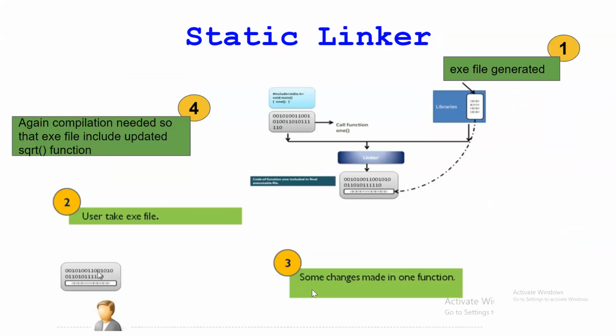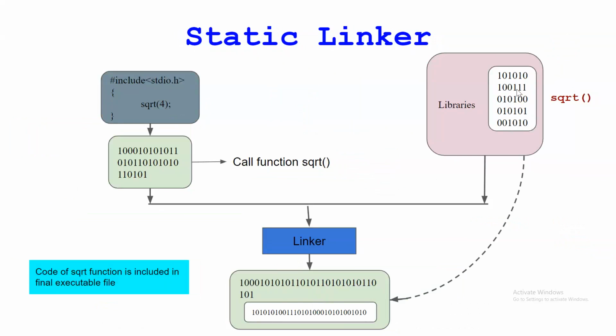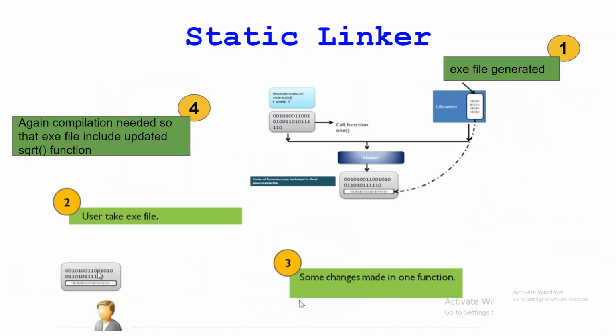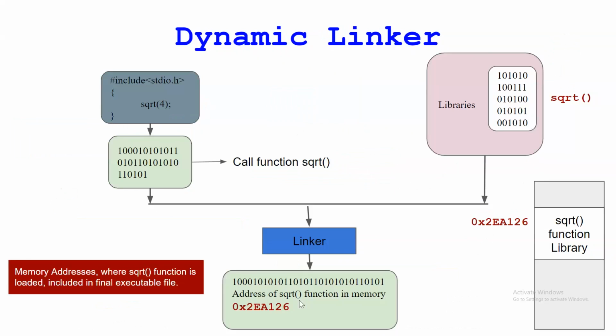In the previous diagram, you can see the binary code that we copied into this executable file. But if you consider the dynamic linker, in this what we did is, suppose that sqrt function is in memory, and its base address is this one.